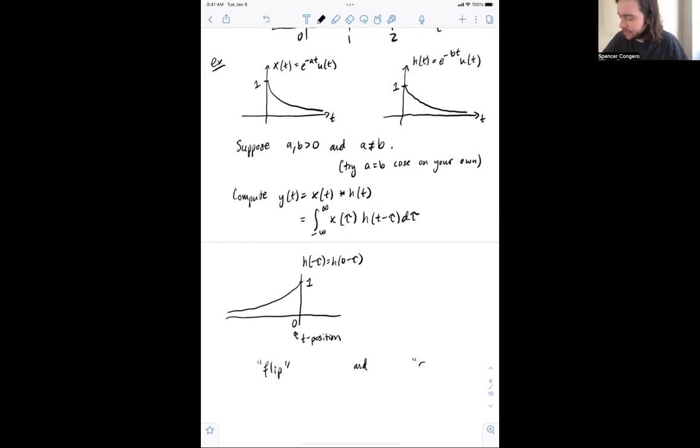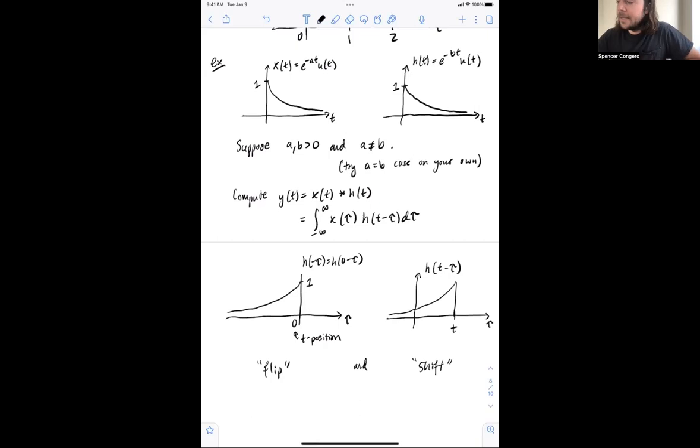But I know when I shift, as we saw before, and this is in terms of tau, by the way, I just want to take this t position and shift it so that it is located at t. That's a little too much. All right, so this is my h of t minus tau. That's my shifted version of my flip signal.